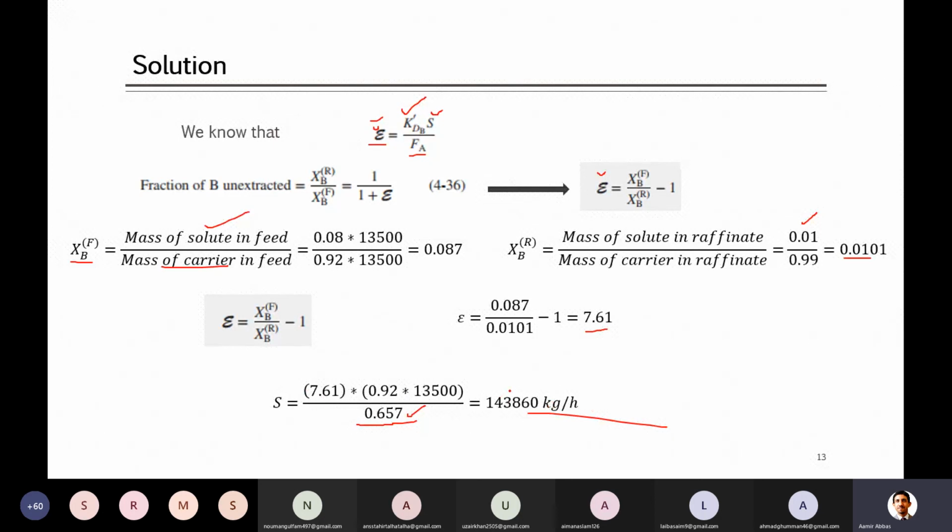So whenever you are selecting the solvent, although we discussed that it should have good affinity towards the main solute which you want to remove, it is necessary to select a good solvent so that you need less flow rate to get some specific separation.